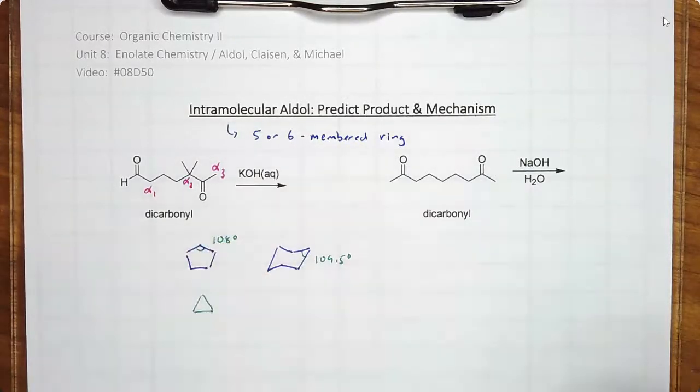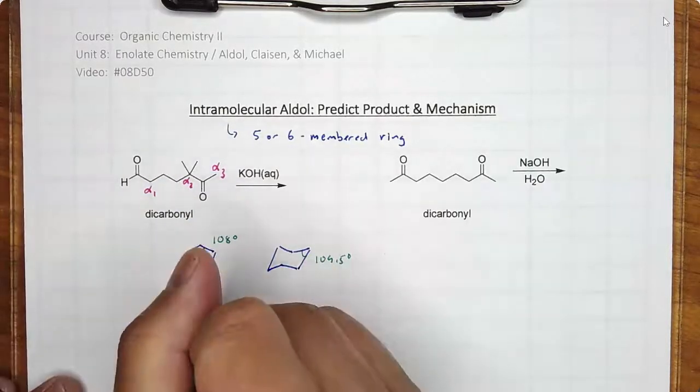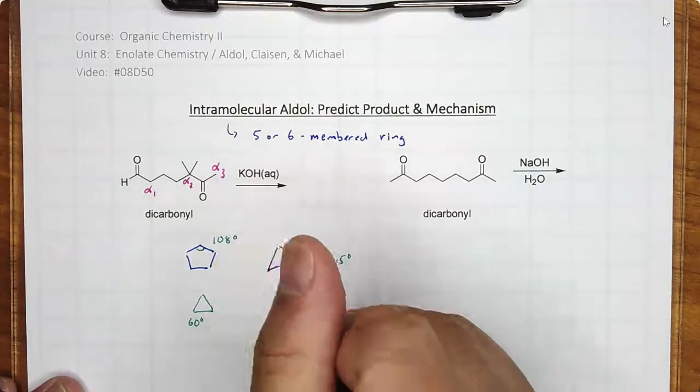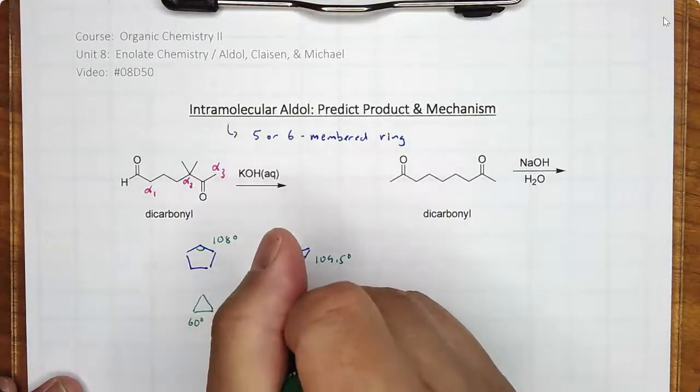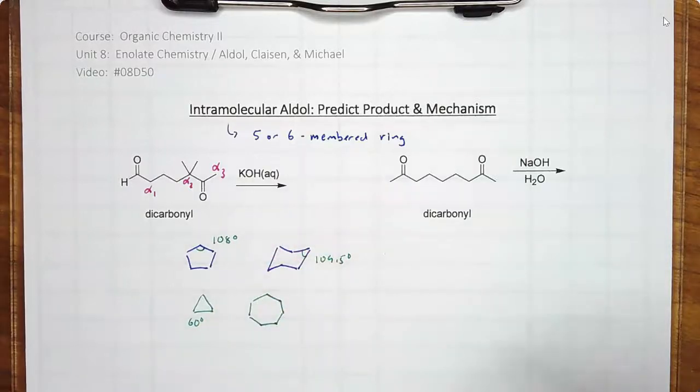That's very tight. What are the chances that while this is twisting, we'll have a bond angle of 60 degrees? Or even if you make a 7-membered ring, that angle is a little bit too obtuse.